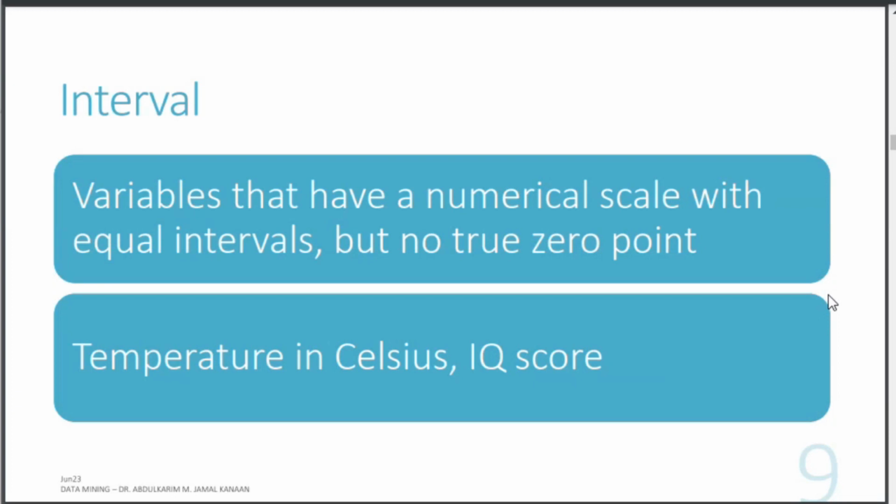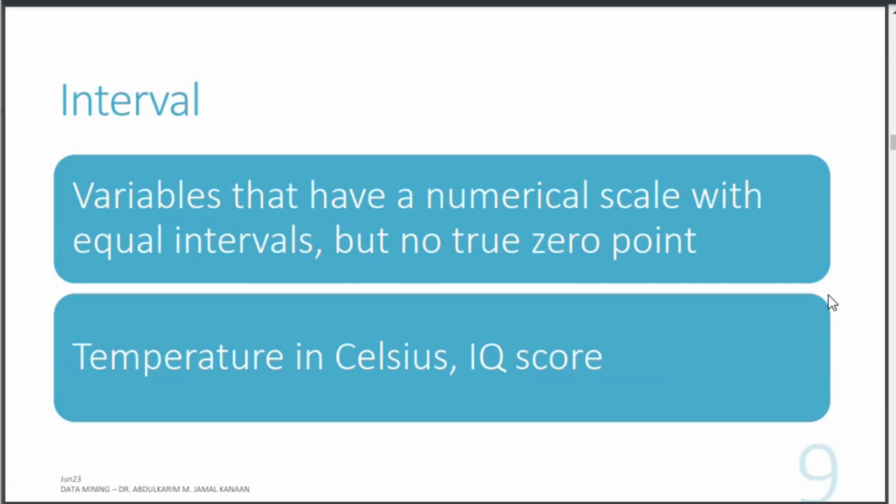If you don't know, I also didn't know before. This is why you see how data understanding is important, to understand what data types you have, and you sit down and understand all these things. Okay, why is temperature in Celsius interval? Because when you say the current temperature is 0, it doesn't mean the molecules in space have stopped moving.